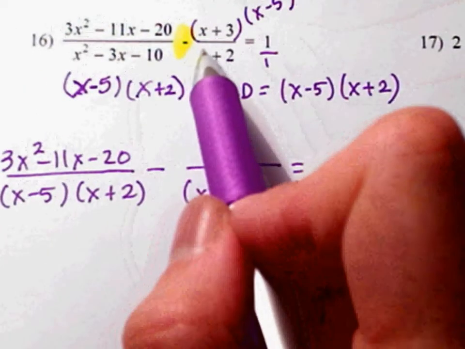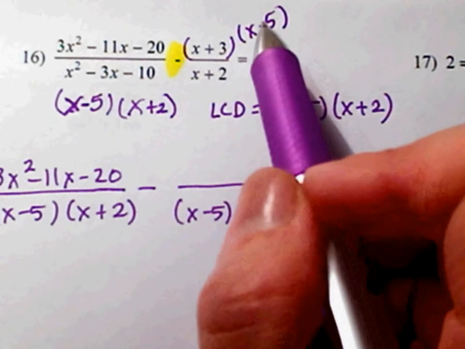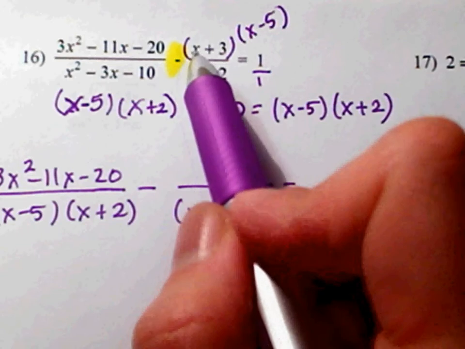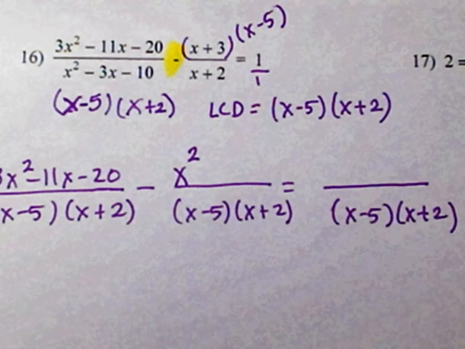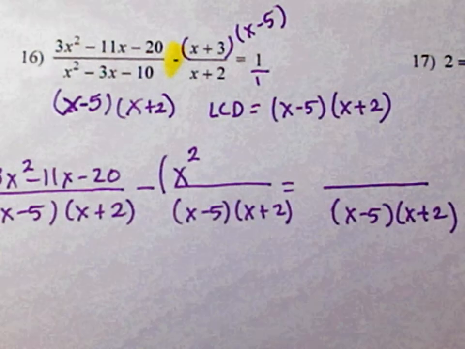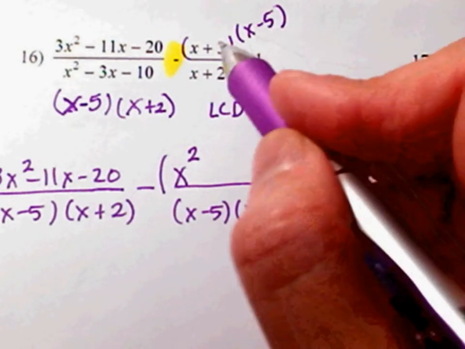So, notice you got a binomial and a binomial. So I'm going to go, what's negative? What's x times x? x squared. Okay? Next part. Now I'm just going to keep this together. Negative 5x plus 3x is negative 2x.